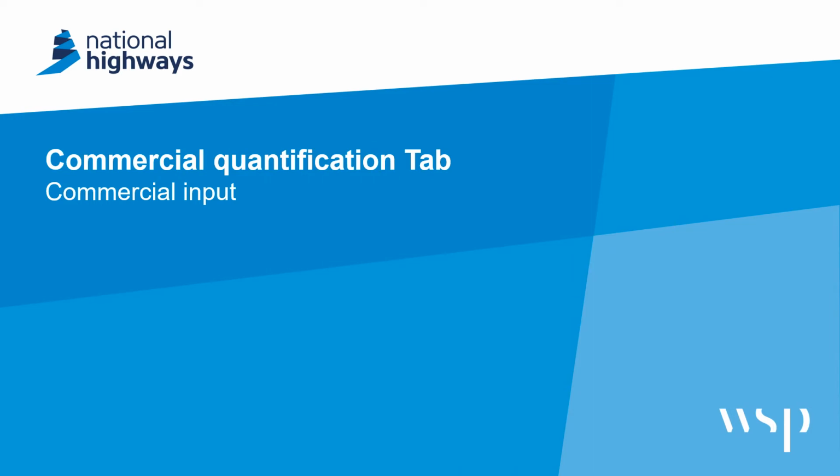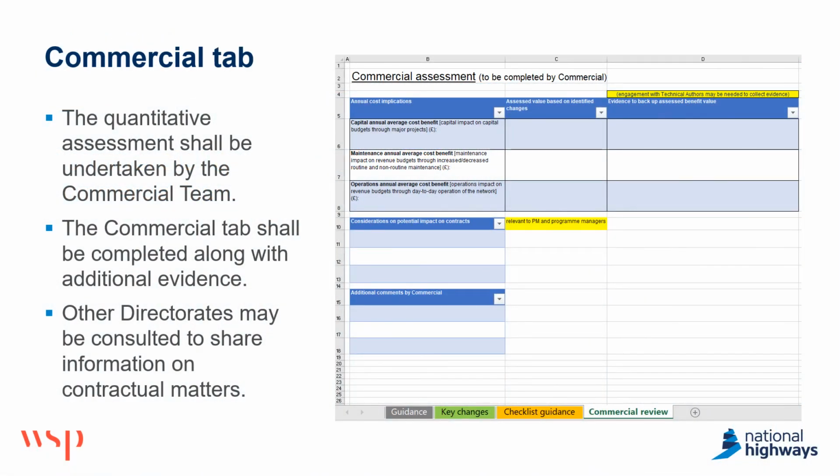So on the next couple of slides, I'll just present the commercial quantification tab, which is the tab which commercial will input onto. So at that quantification stage that Maria Pia mentioned earlier, the commercial team will undertake a quantitative assessment of the commercial impact. And they will complete the commercial tab, which is shown on the screen here.